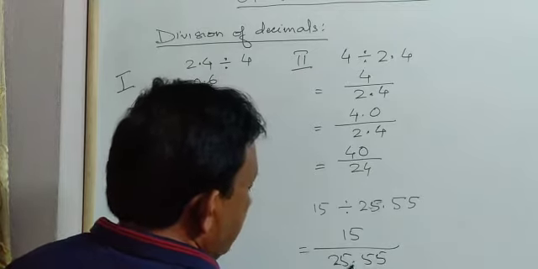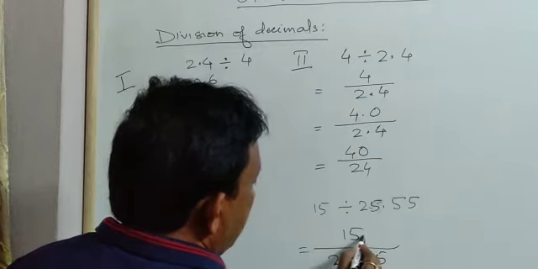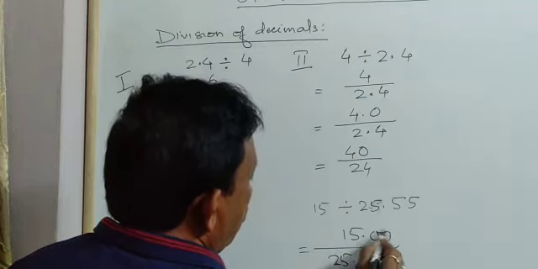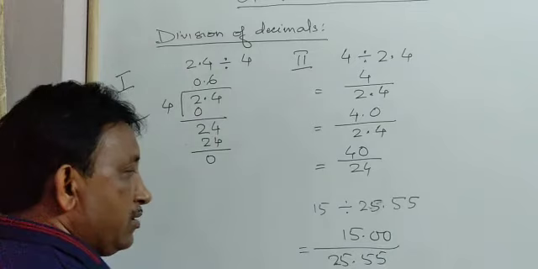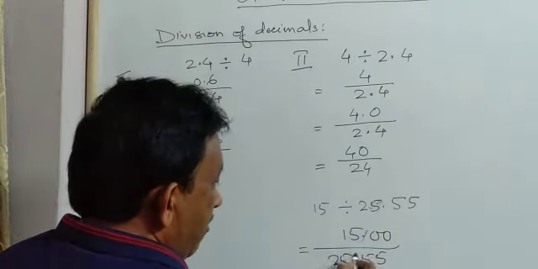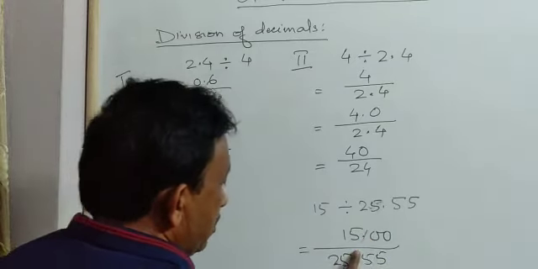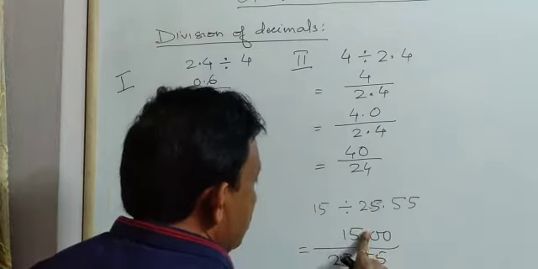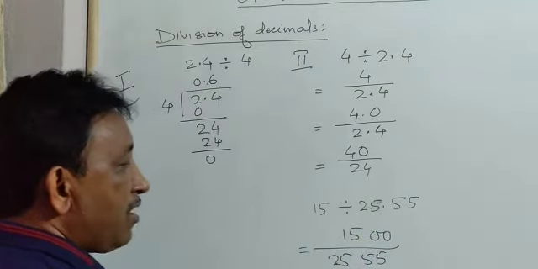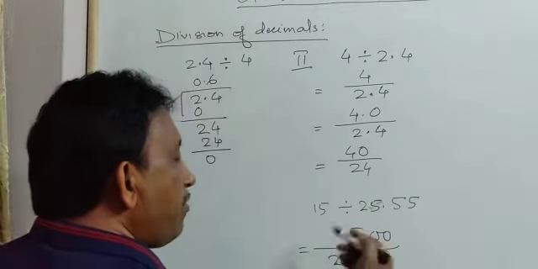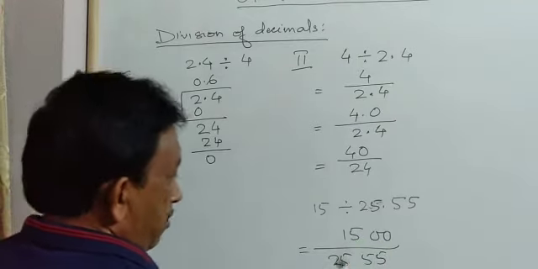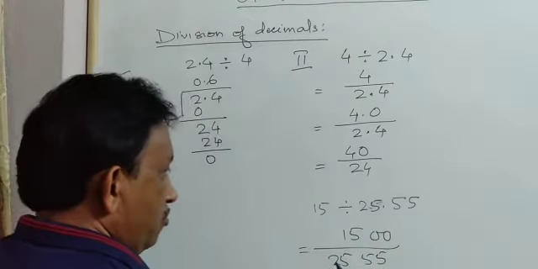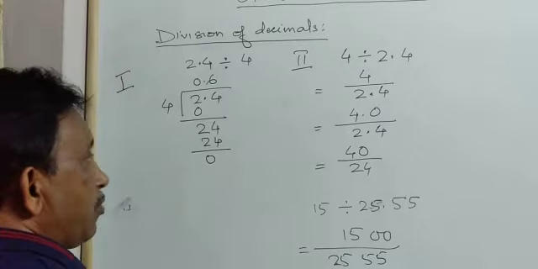After the decimal there are two digits. So I convert both of them into like decimals, and then I cancel the decimal. So the decimal gets cancelled. So it becomes 1500 by 2555. Then you do the normal division. You can cancel it also. All right. This is case number 2.